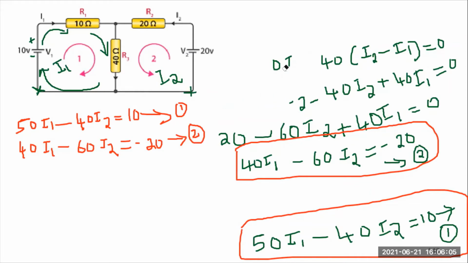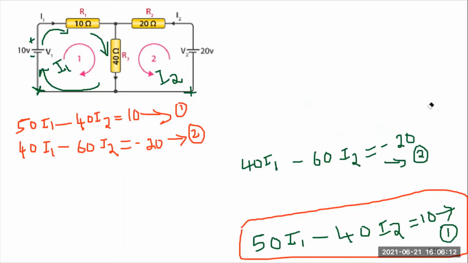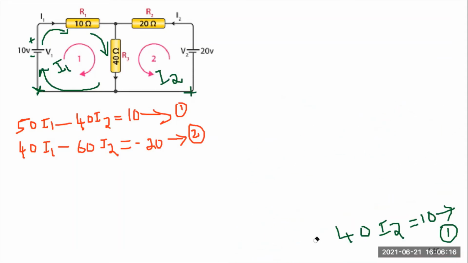Let me rub this particular board. So you have to apply Cramer's rule. Please watch my previous video to get the Cramer's rule, how to solve these two equations. It is very simple. I have already explained.